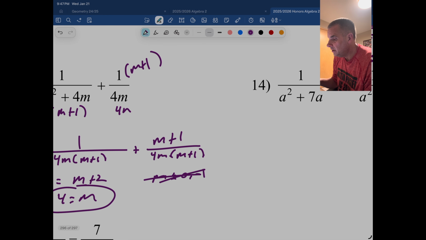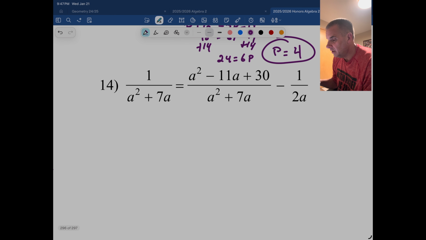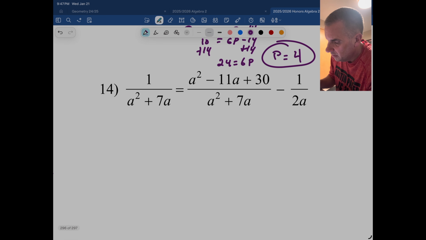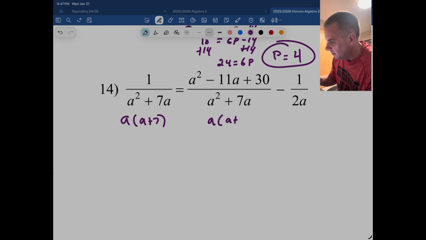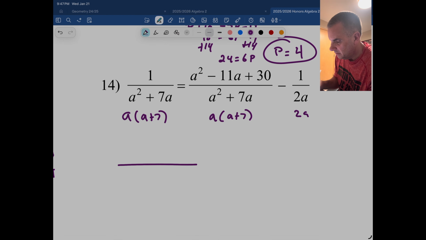Number 14. Oh, it's starting to get a little more complex. So this is a times a plus 7. A times a plus 7. 2a. So our common denominator is 2a times a plus 7.